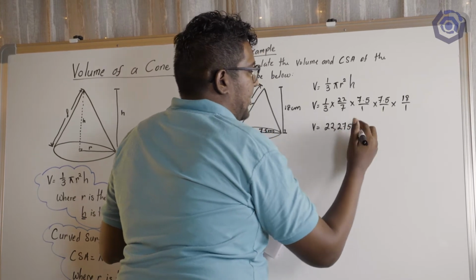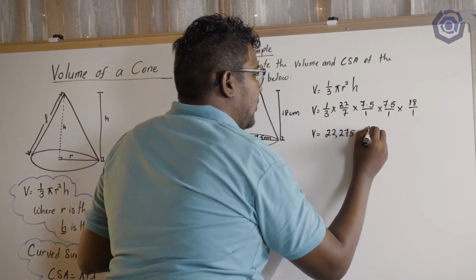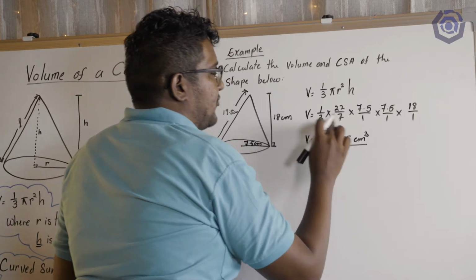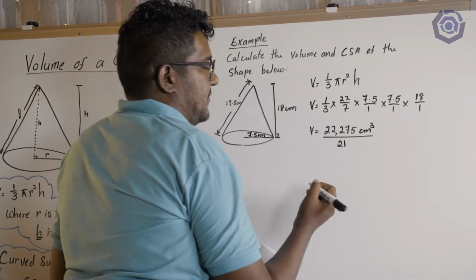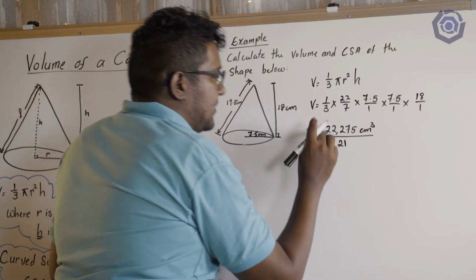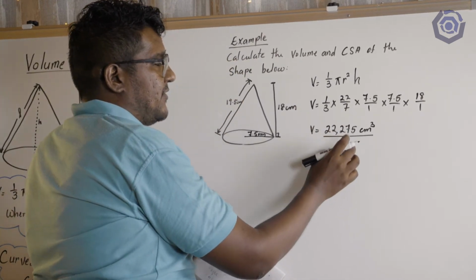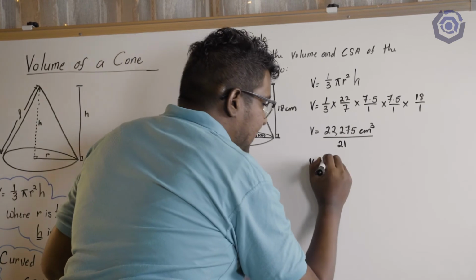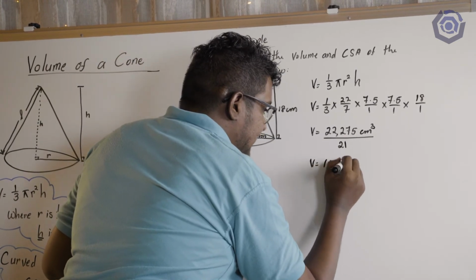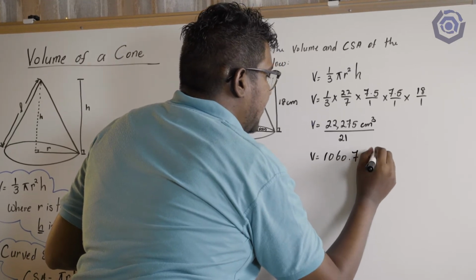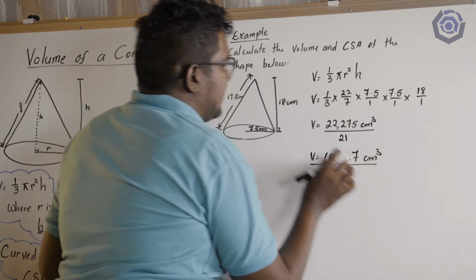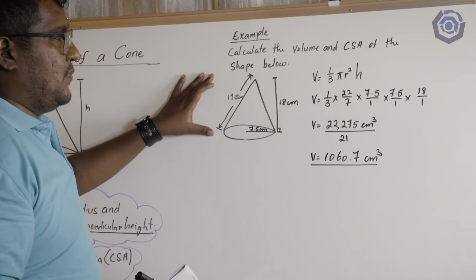And here you would end up with cm cubed, divided by 3 times 7, that's going to give me 21. V is equal to 22,275 divided by 21, which would give me 1,060.7 cm cubed. And this is the volume of this cone.